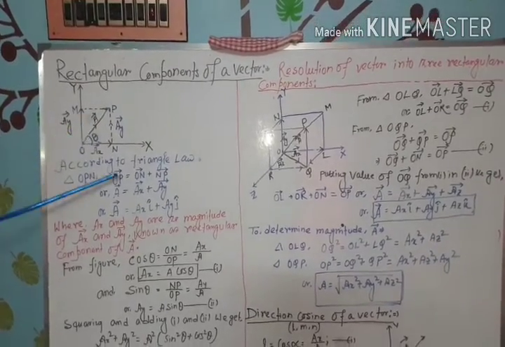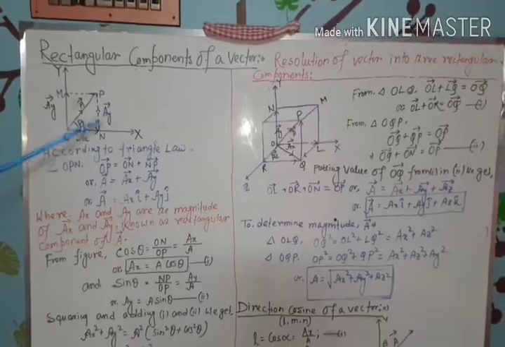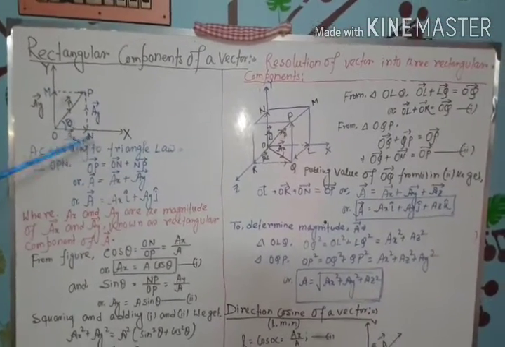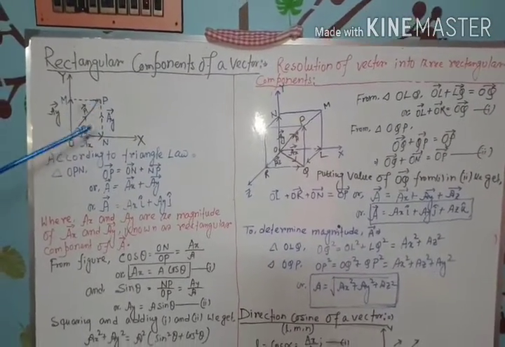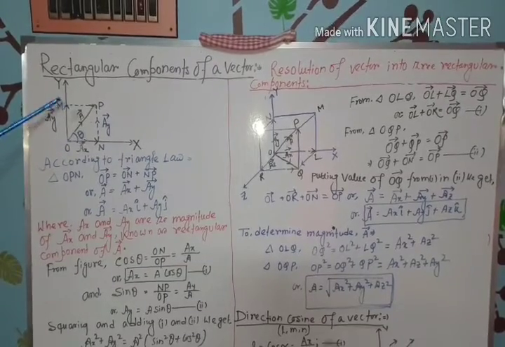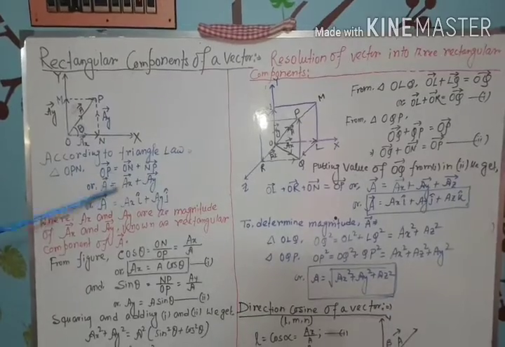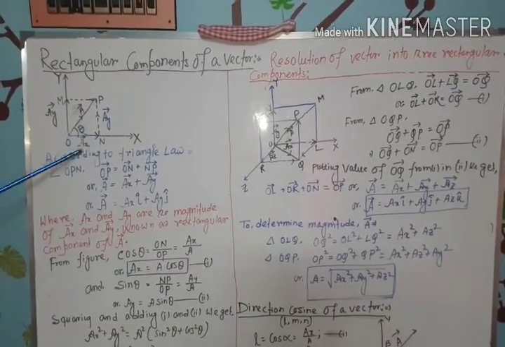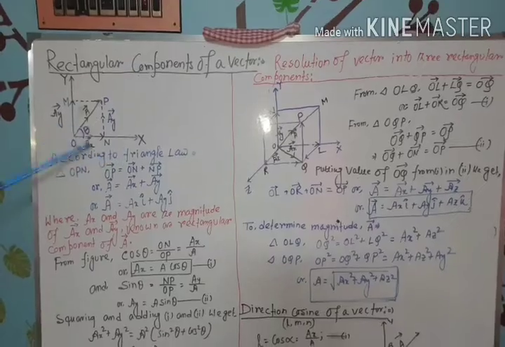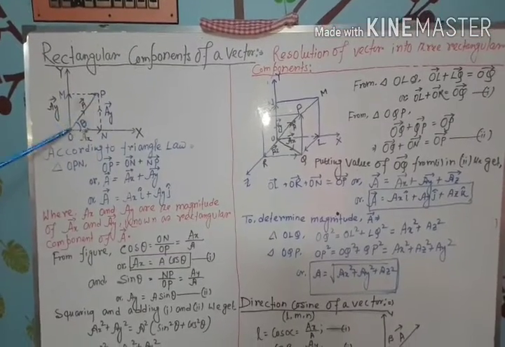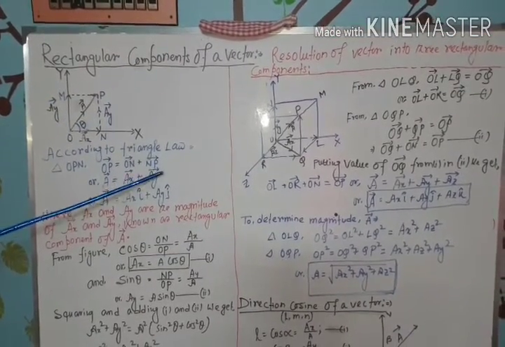That's why OP vector is equal to ON plus NP, and NP is equal to OM. So in place of OP we write A vector, in place of ON AX vector, plus in place of NP, which is equal to OM, AY vector.